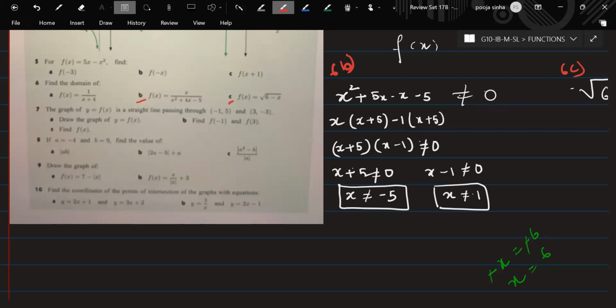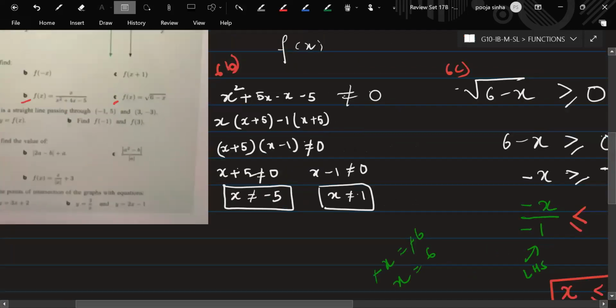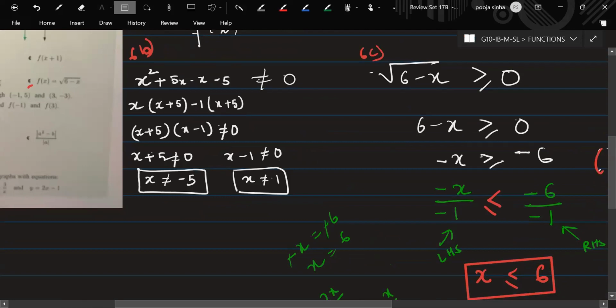So what we did was splitting the middle term, and then we found the two values of x, because it's a quadratic, so I get 2 values for x, which is not possible. Apart from that, any x is possible except these two numbers. Got it? And then under root of 6 minus x cannot be negative. That's for the next question.